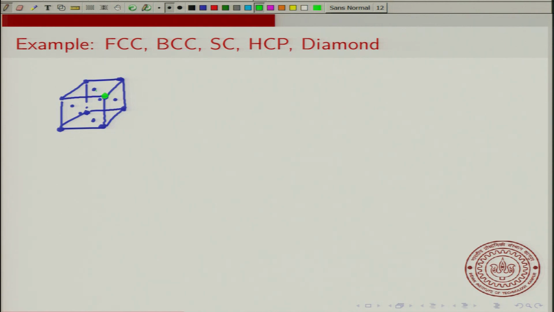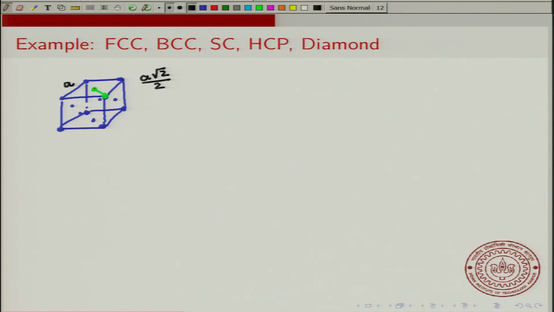If you look at this atom, the atom that is nearest to it is actually this atom. If this distance is a, then this distance is a root 2 by 2, because the total length of the face diagonal is a root 2, and so this is half of the face diagonal.